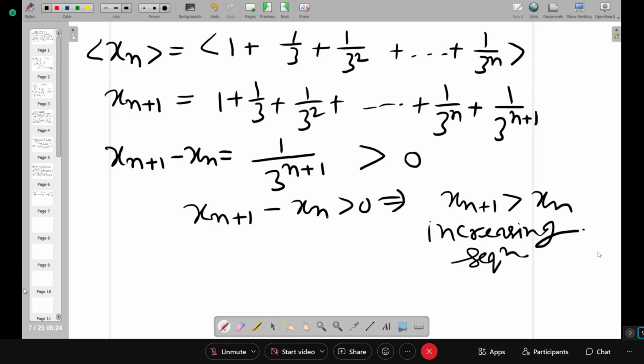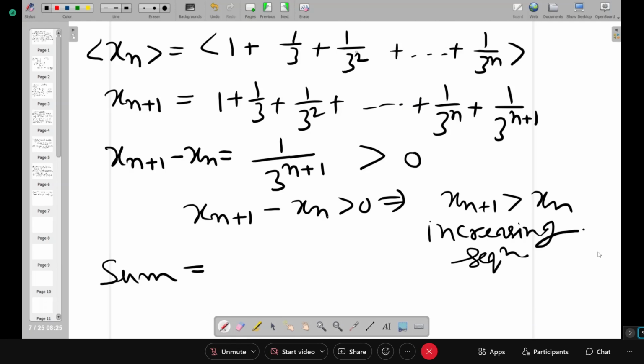And now here we find out the bounded above element. If a bounded above element exists for this sequence, then this sequence is a convergent sequence. If not bounded above, it means it diverges to infinity because this is an increasing sequence. So to find the bounded above element, we find the sum of this sequence.